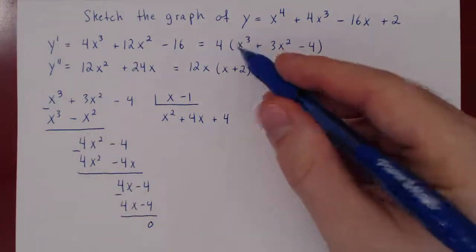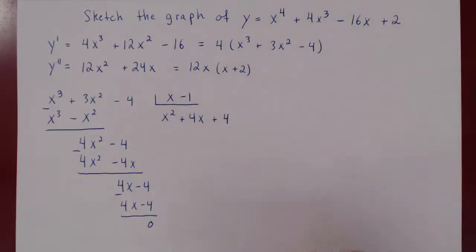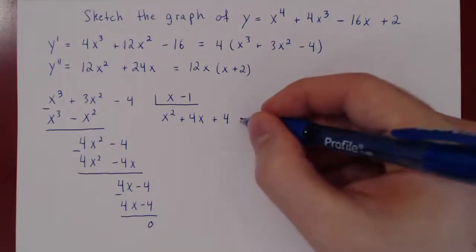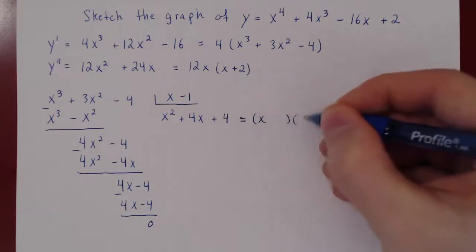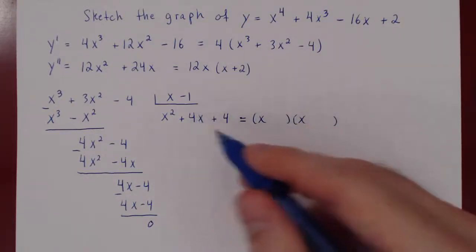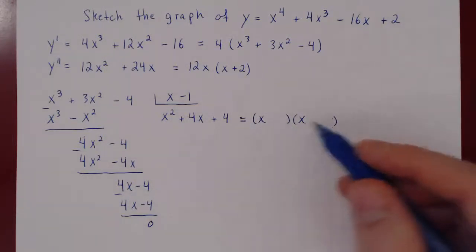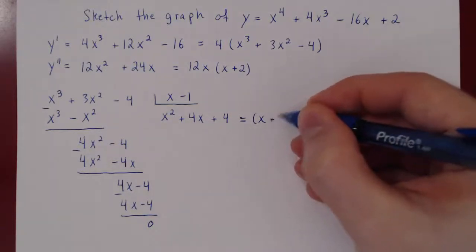Therefore, x cubed plus 3x squared minus 4 is x minus 1 times this quadratic polynomial. And this you can factor by inspection. You look for two real numbers whose product is 4 and whose sum is 4, and this is obviously 2 and 2.